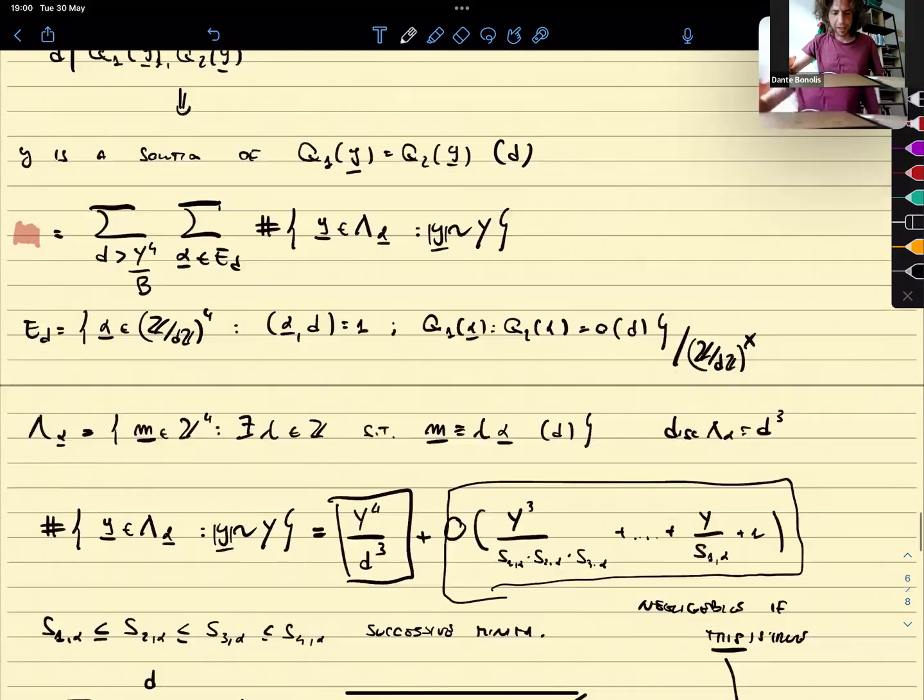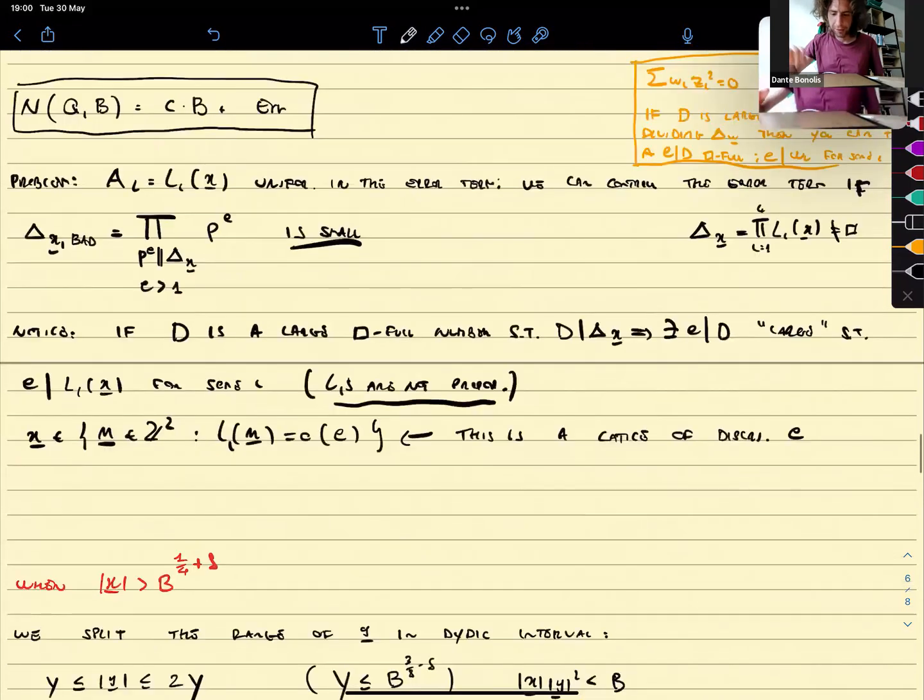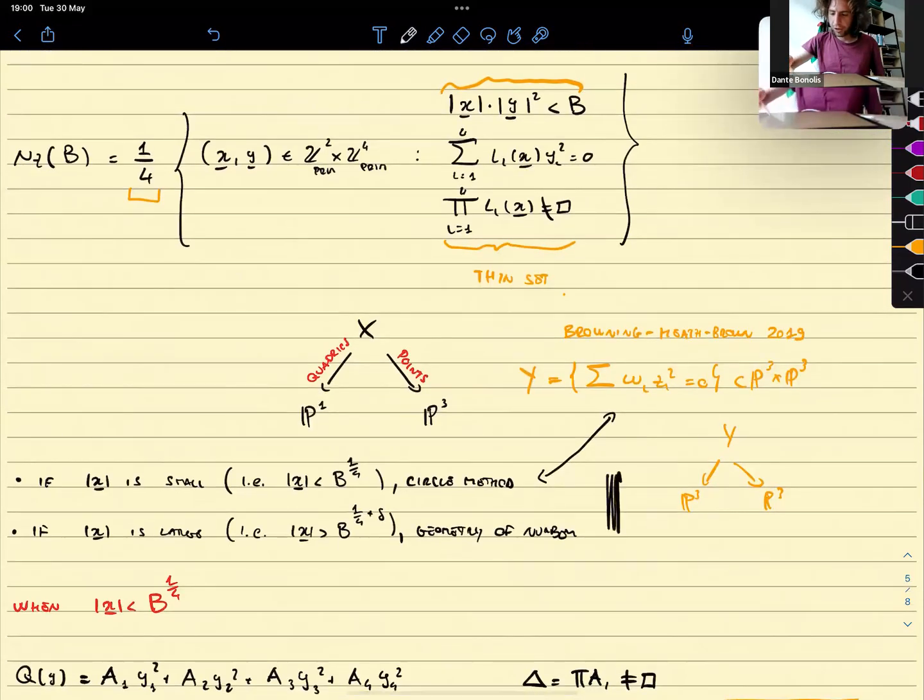Another thing I can say is that here, if you see these two ranges I wrote down, I say when x is less than d to the power 1/4, and then when x is larger than 1/4 plus delta. Of course, there is a very tiny part in between.